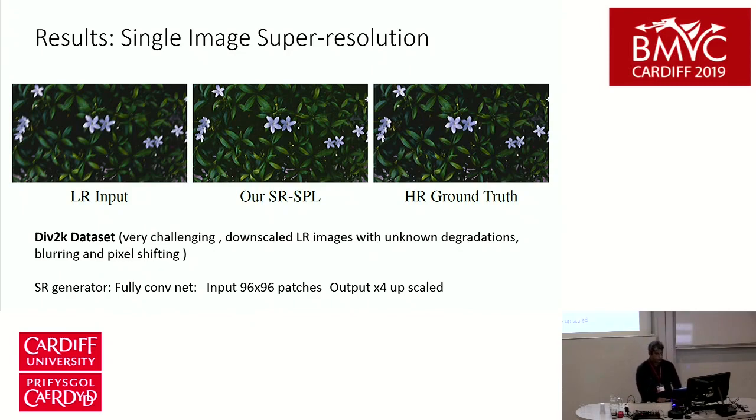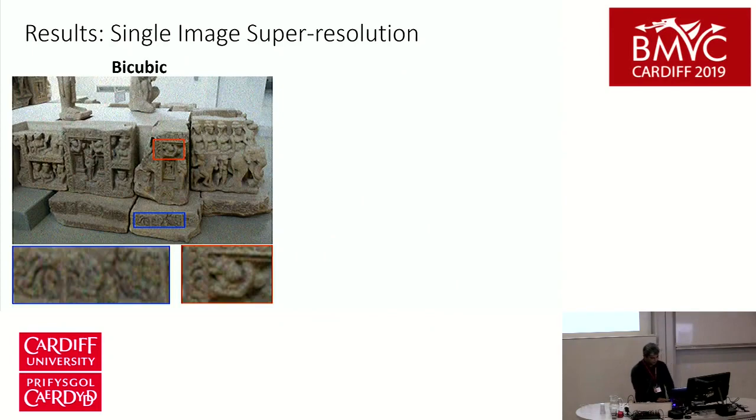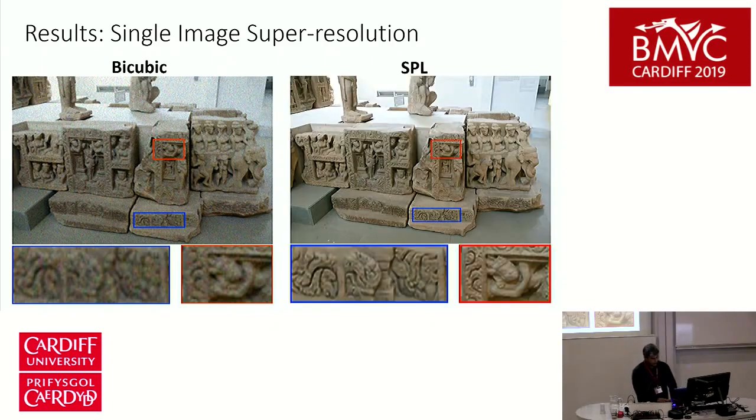So we show the results on a difficult DIV2K subset 2 dataset, which have low resolution images with unknown degradations. Now, to appreciate the problem, here is a ×4 upscaled image with bicubic interpolation. And this is the output with SPL.